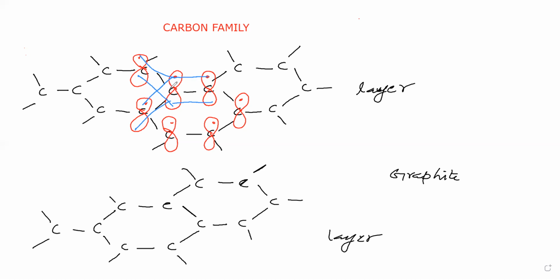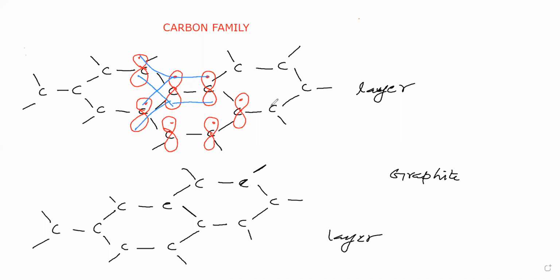In this way only, you take any carbon from the layer. Don't take from two layers. Don't take from successive layers. Don't take from alternative layers. Take a layer. In that layer, you consider a carbon. Suppose you are considering this carbon.